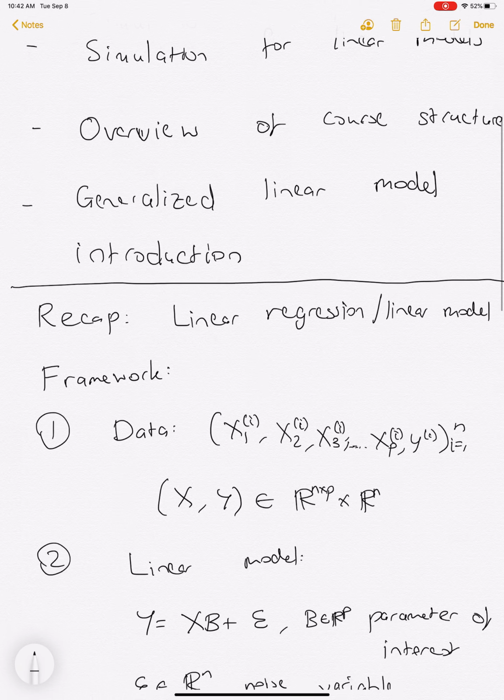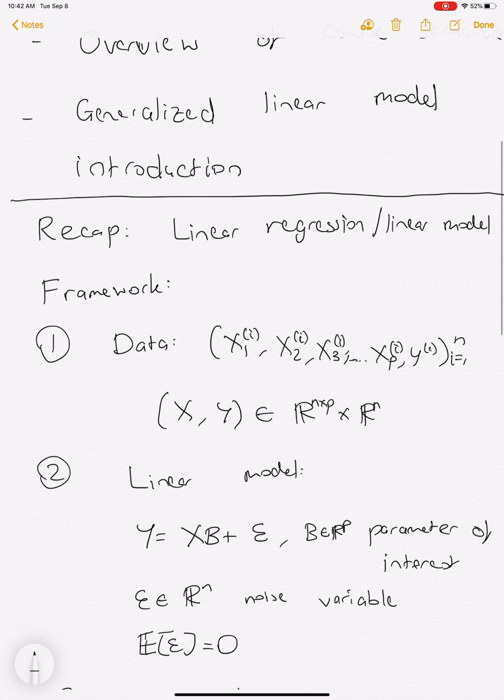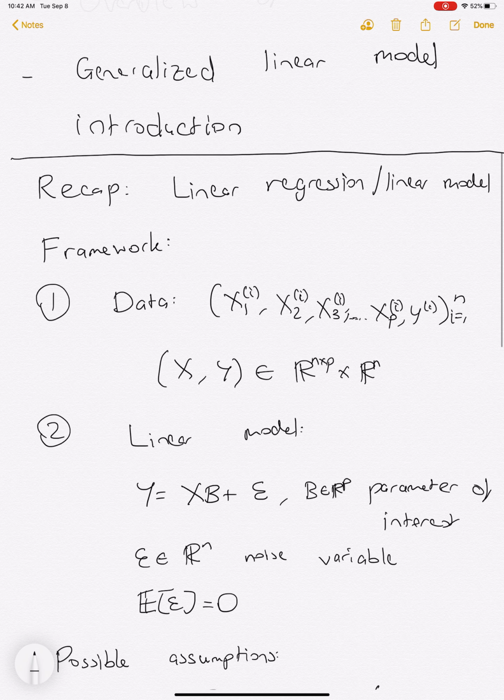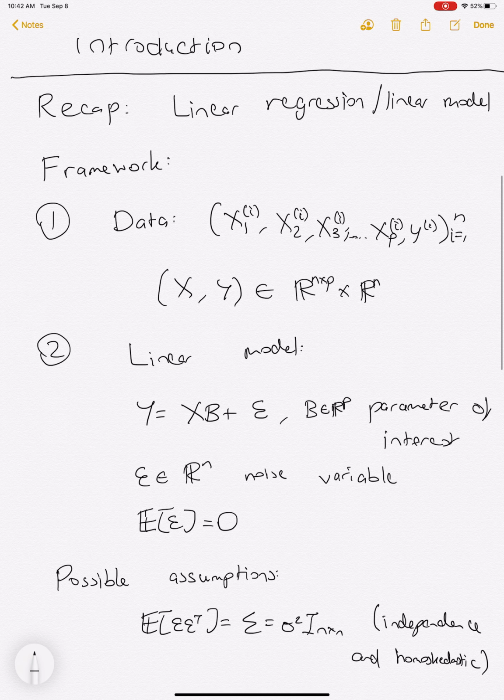So just to recap, we've been spending the last 2-3 lectures talking about linear regression or linear models. Once again, we refer back to this framework that has 4 components: the data, the statistical model, the estimator or algorithms, and then the analysis.